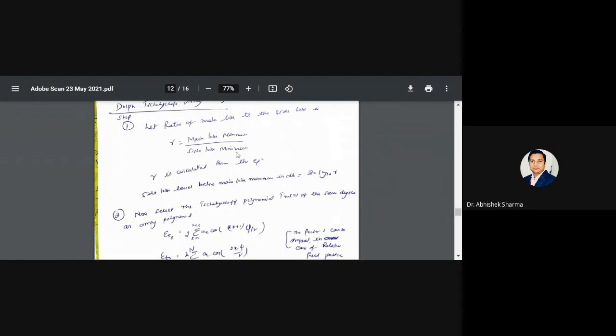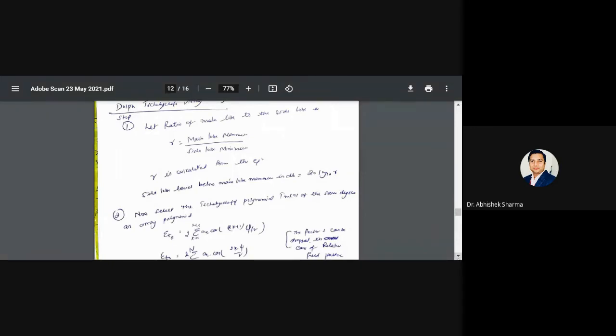Or if it is given to you, then the side lobe level below main lobe maximum is equal to 20 log 10 R. Most of the time this will be given to you, either 19 dB, 20 dB or 26 dB. So we will calculate R from this.